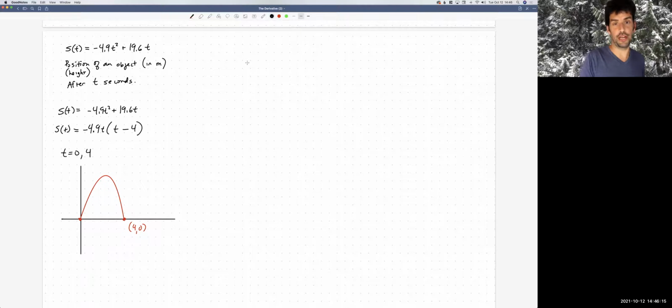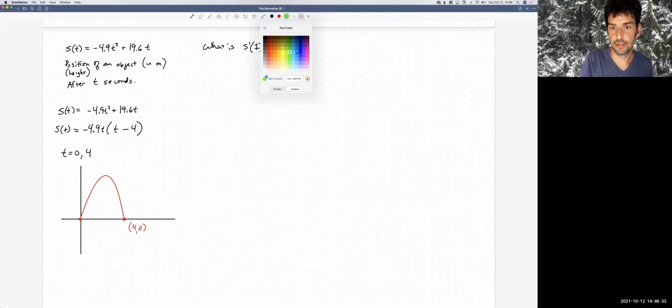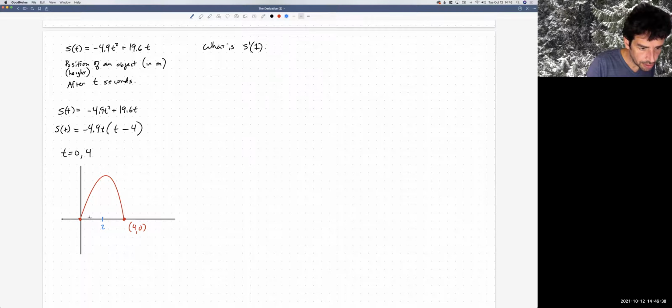So the question I want to answer is, let's start with, what is the derivative at 1? All right, so on our graph, so halfway would be 2, there's 1. So we want to know the derivative at this point, right, approximately.